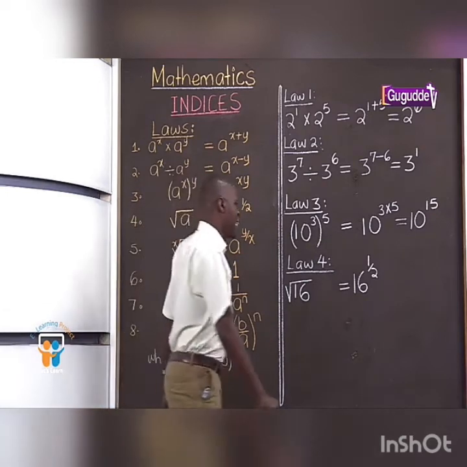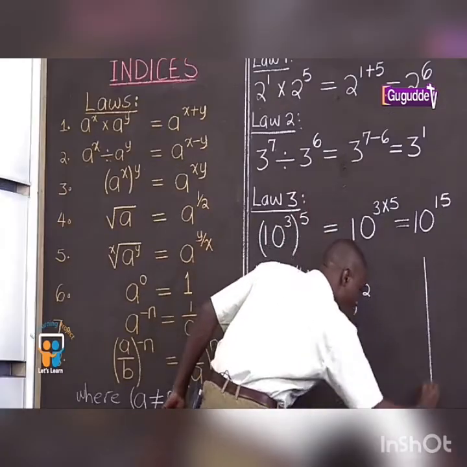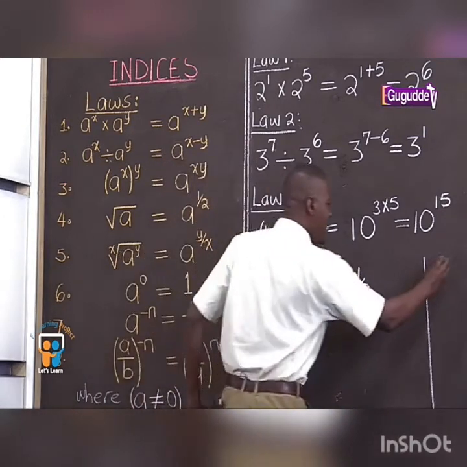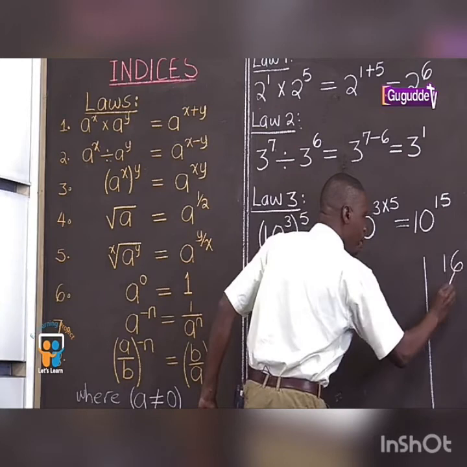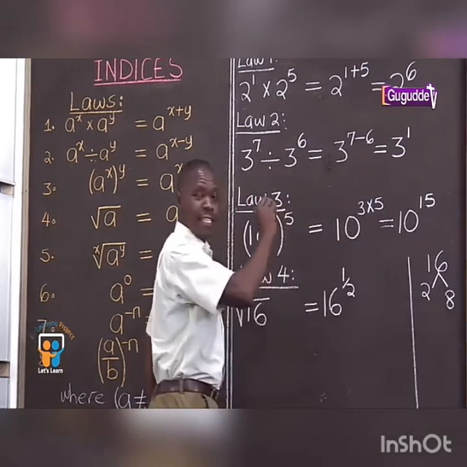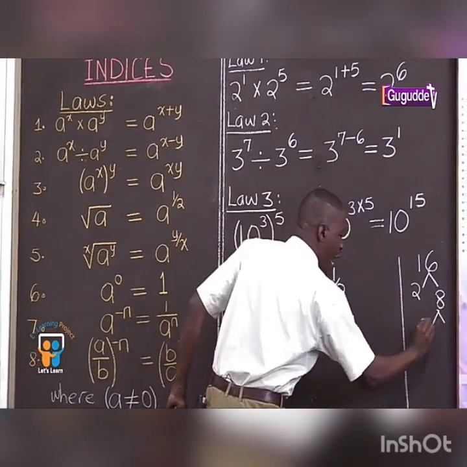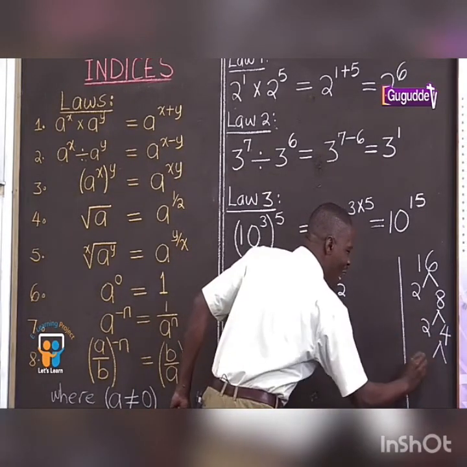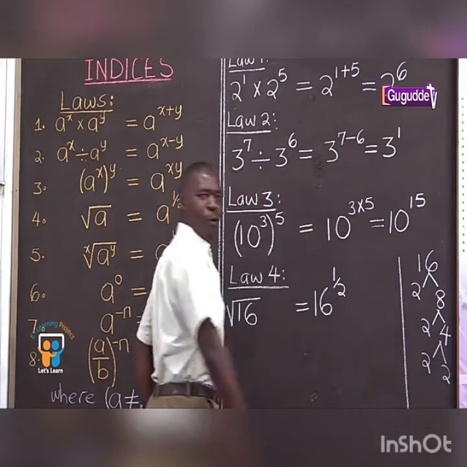But, Mr. Examiner, sir, let us first come for some side work here. We can break down this 16. Mr. Examiner, sir, by 2, I have my 8. By 2, I have my 4. By 2, I have my 2. We don't end there.